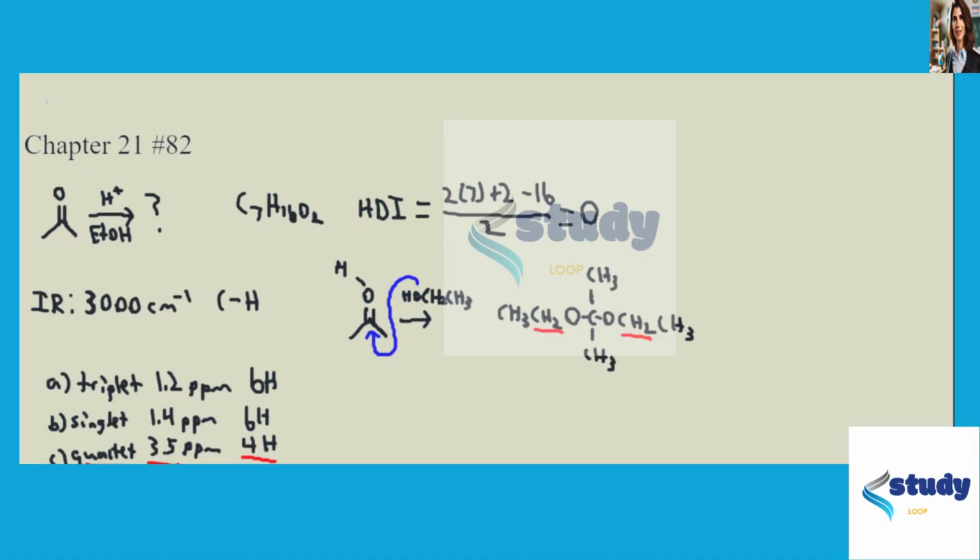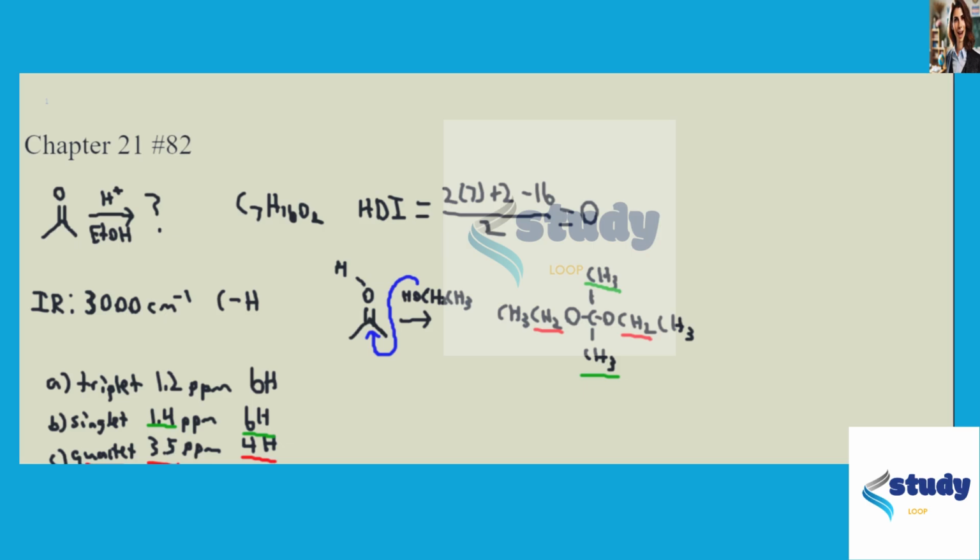Next, a singlet at 1.4 integrating to 6 protons. There are two sets of 6 protons that could account for this signal. However, a singlet means that there are no neighboring protons, so these two methyl groups together add to 6. A chemical shift of 1.4 seems right for a methyl group, and a singlet means they would have no neighbors, and indeed these do not.